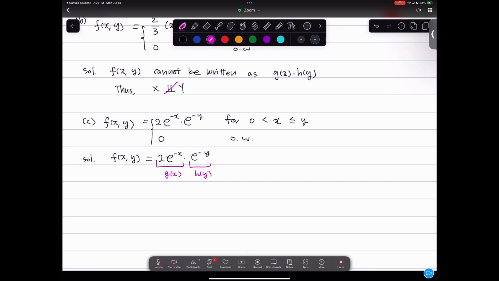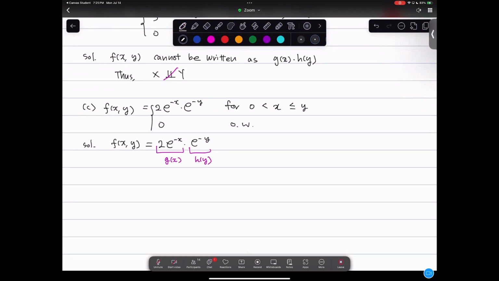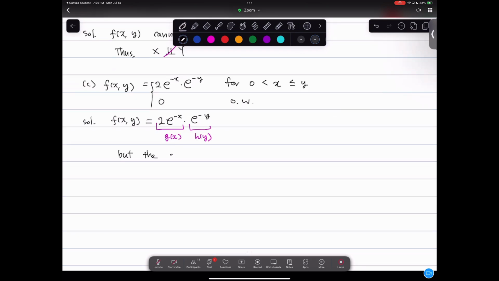It looks like it, however, it's not exactly correct, because of the support of x and y. They're not independent, they're related. Your x has to be smaller than or equal to y.